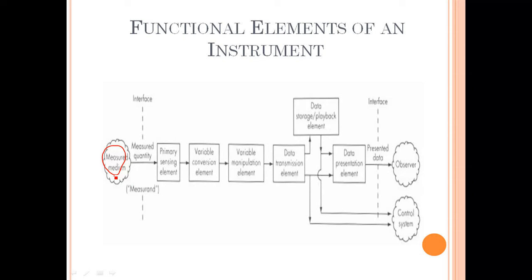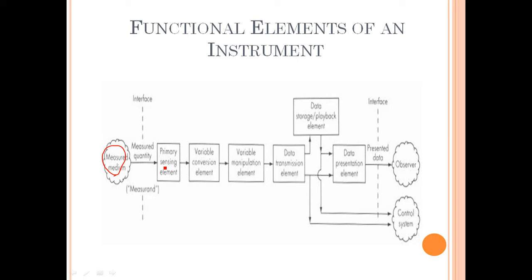Measured medium. The medium in which the instrument is kept, or we can say the quantity under measurement is kept, is the measured medium. And there is an interface between measured medium and primary sensing element. The next component is primary sensing element.